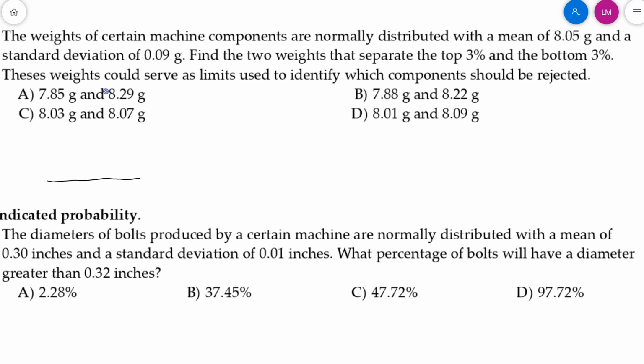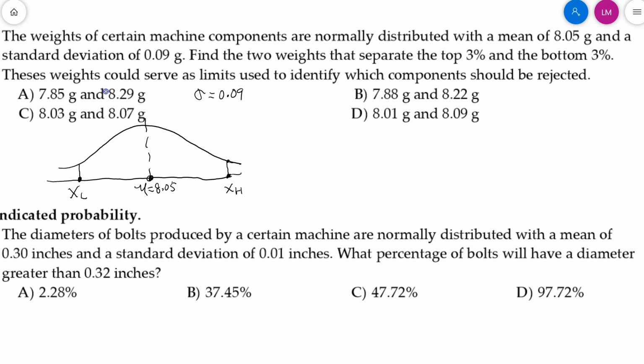What this one is saying is you have a normal distribution, and the mean is 8.05. Standard deviation is 0.09. They want you to find two values, x low and x high.